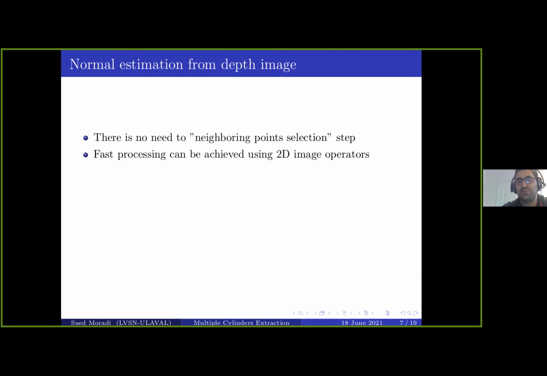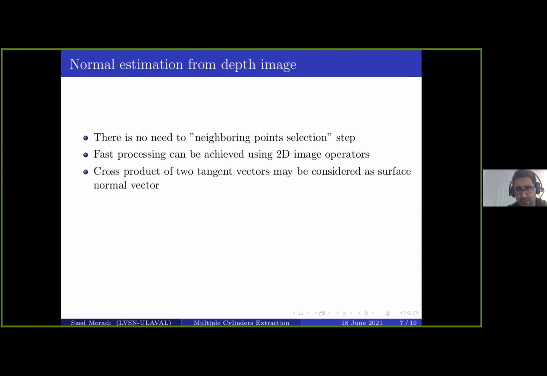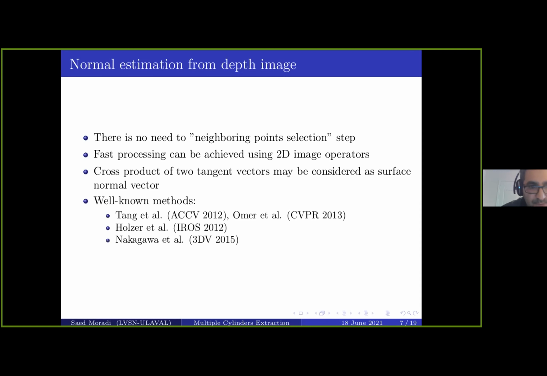And for processing the image, we can use 2D image operators, which are fast enough to be used in practical applications. The main concept to estimate the normal vector from a depth image is to choose two tangent vectors and find the cross product of these two vectors, and the resulting cross product is the normal vector for that point.